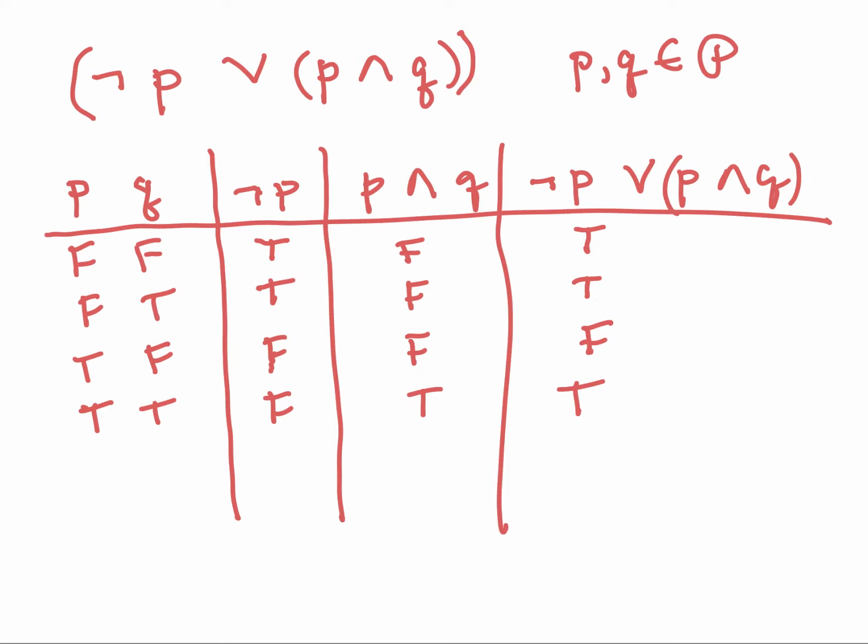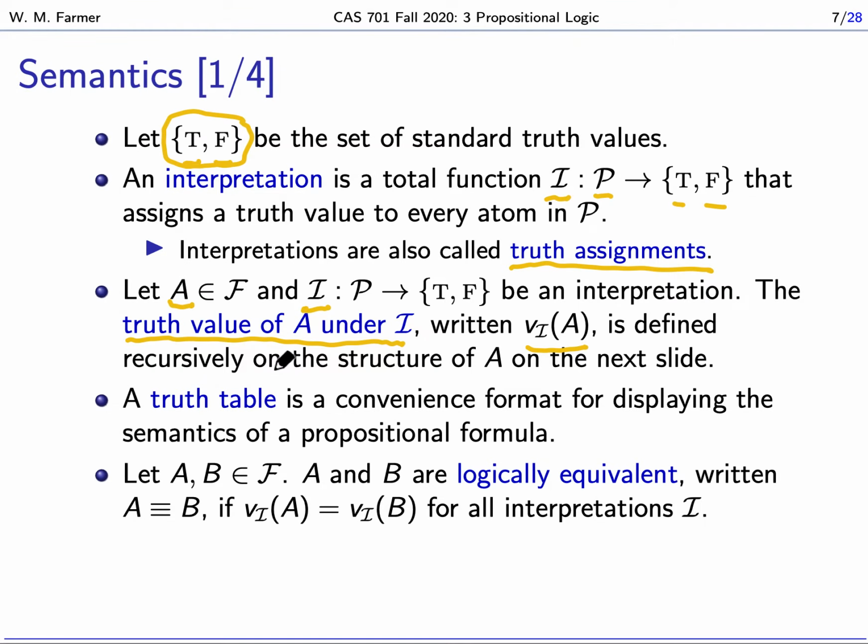Okay, so the next thing I want to look at is the notion of logically equivalent. We'll say that 2 propositional formulas, A and B, are logically equivalent if the value we assign to A equals the value we assign to B for all interpretations.